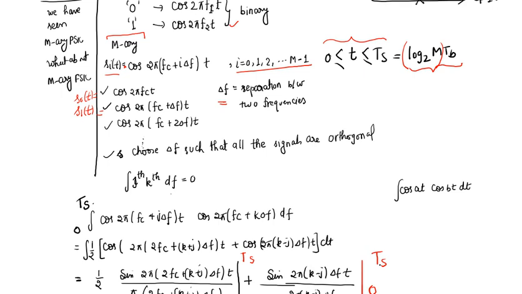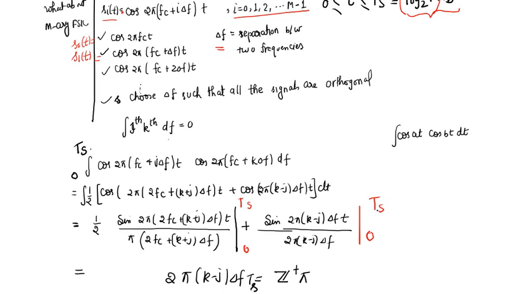So for this we have to ensure this integration: if we choose any jth frequency signal and kth frequency signal, then they must be orthogonal to each other. Just choose any two, the jth and kth.